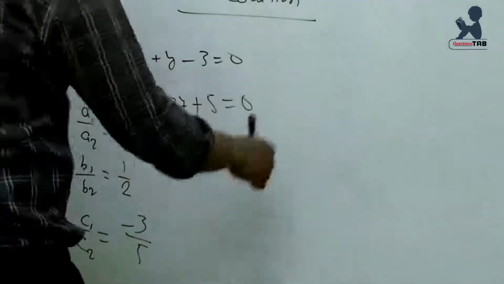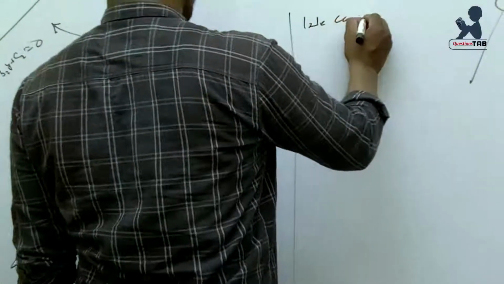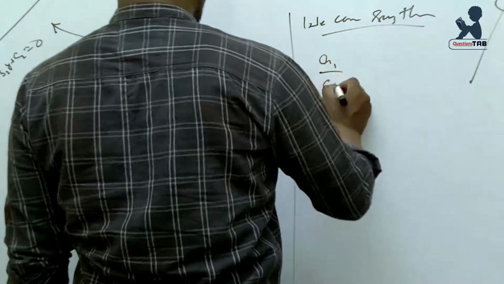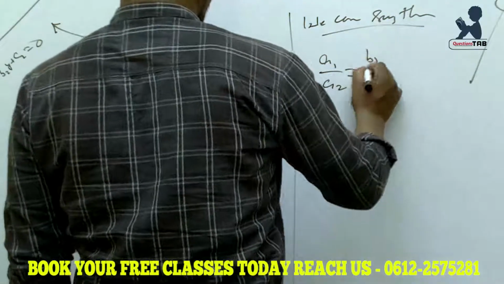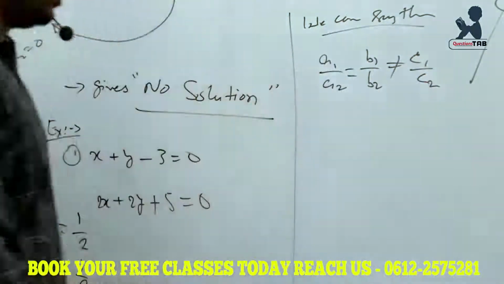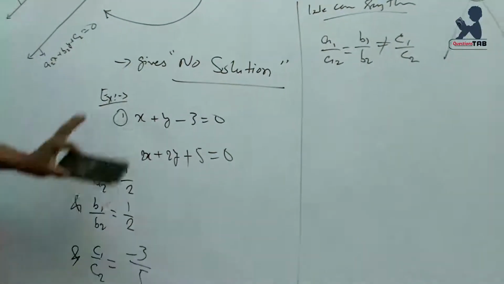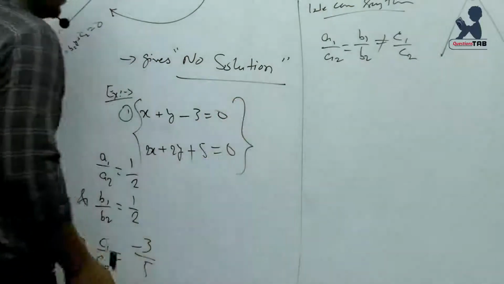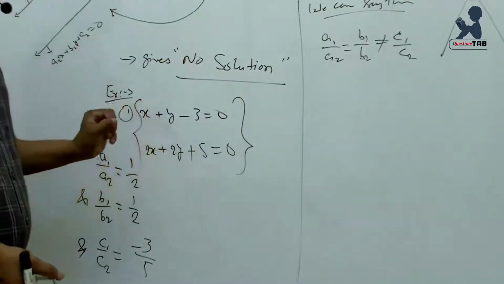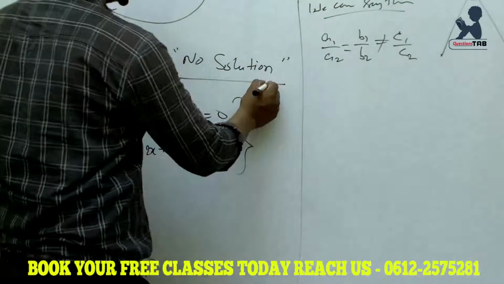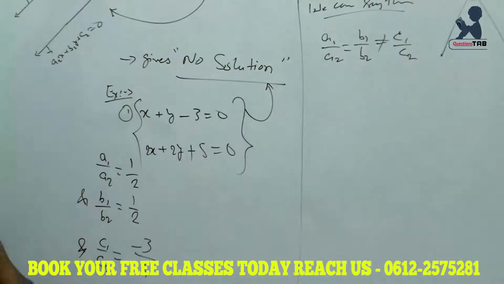So we can say that a1 by a2 is equal to b1 by b2 is not equal to c1 by c2. Let's check whether this pair of linear equations in two variables satisfies this statement or not.